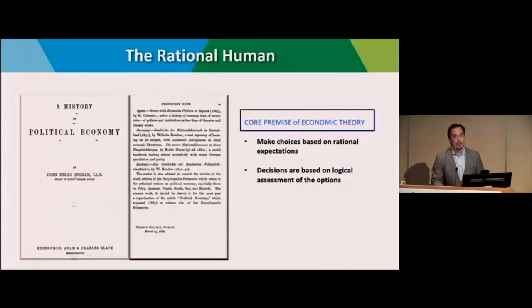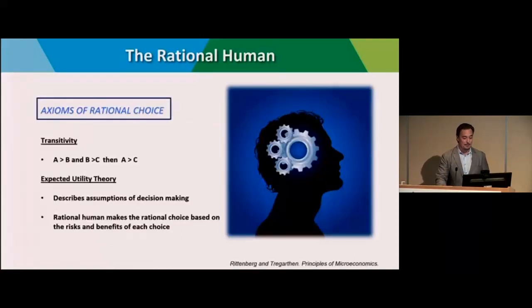And this has really been a core principle of economic theory, and I would argue medical education, for years. I mean, this is a text dating back to the late 19th century, and again, it just assumes that we make rational choices based on a rational analysis of the risks and the benefits, and then we optimize based on that information.